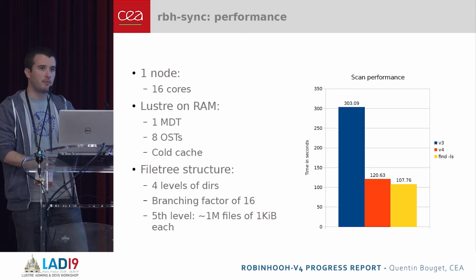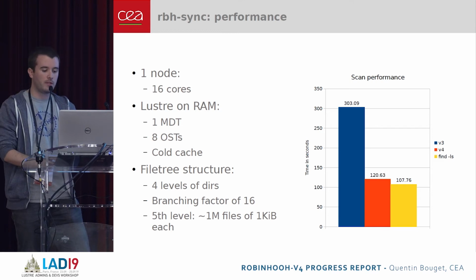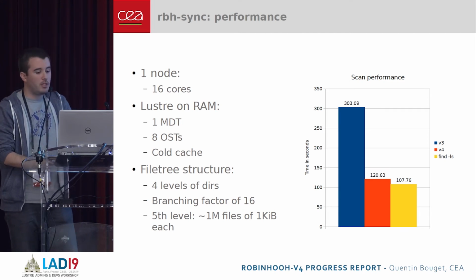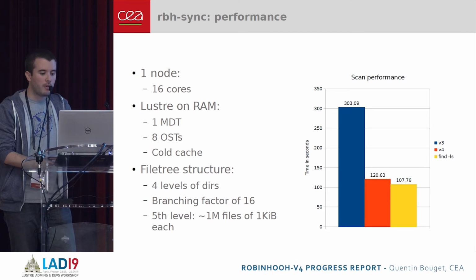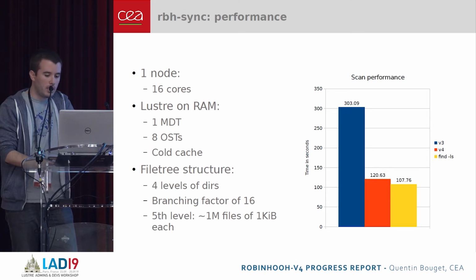That's to say, launch one process per directory under the root of the Lustre file system. So for each of those numbers, there were 16 processes running concurrently on exactly the same number of files and directories. The result is that we can see that Robinhood v3 takes about 5 minutes to complete.